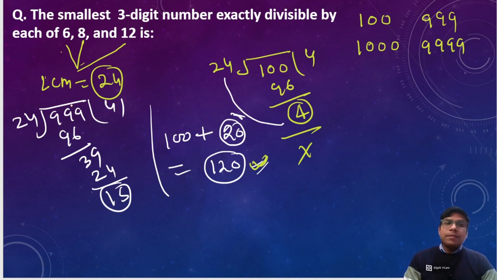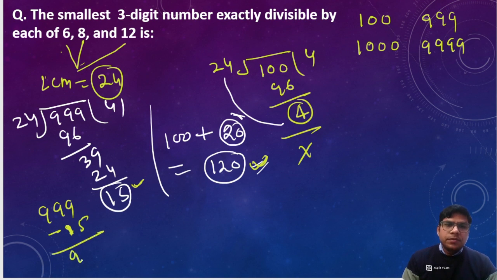But in the case of the largest number, we have to just subtract the obtained remainder from the number itself. So the largest 3-digit number is 999 and we just subtract the obtained remainder. So we get 984.